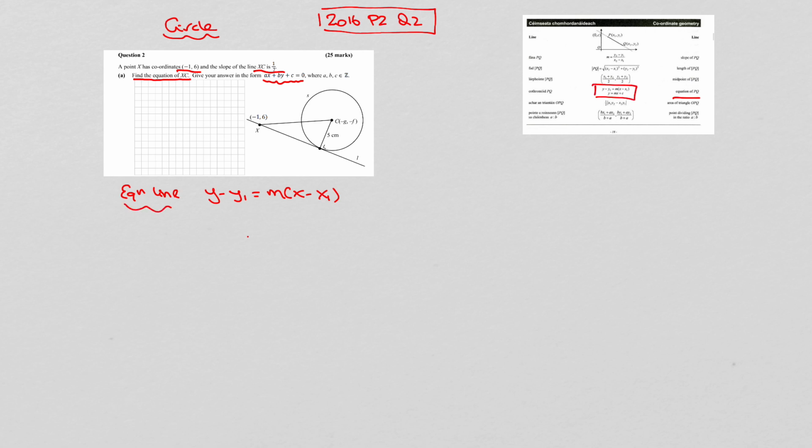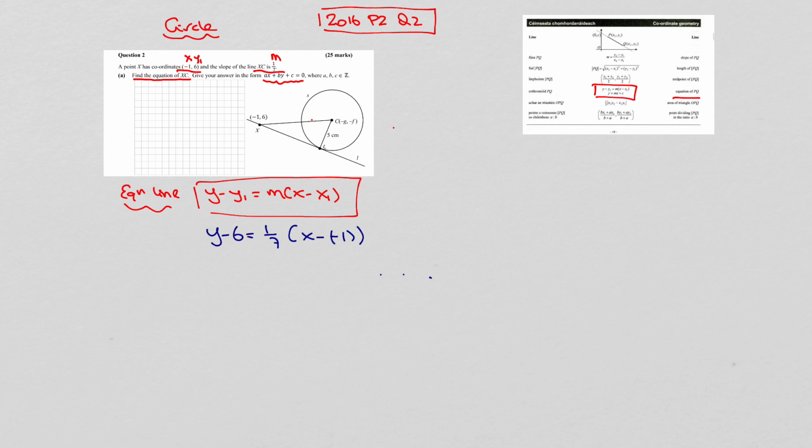So by subbing in our point, we have x1 and y1, and then we have m is a 7th. So we have y - y1 = m(x - x1).